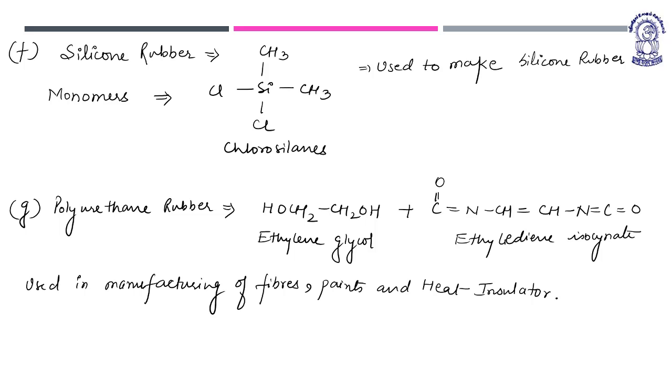Now comes the question: in case of Buna-S or SBR, BU stands for butadiene, Na stands for sodium, and S stands for styrene.